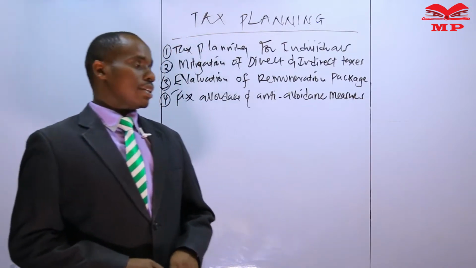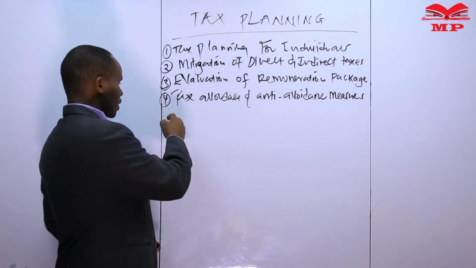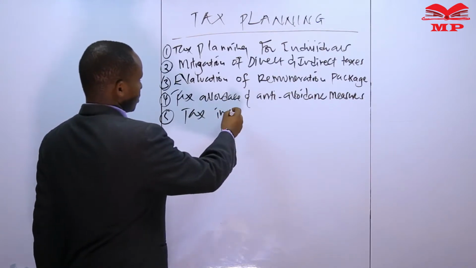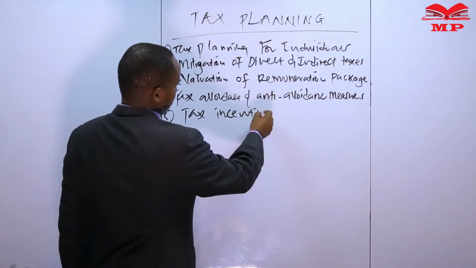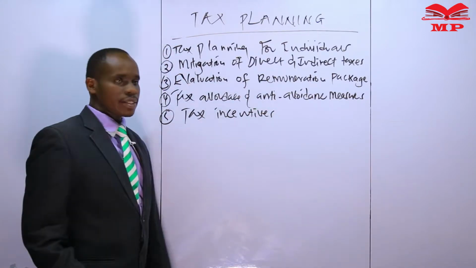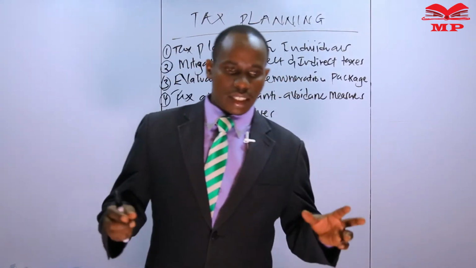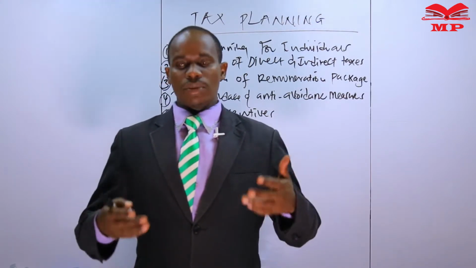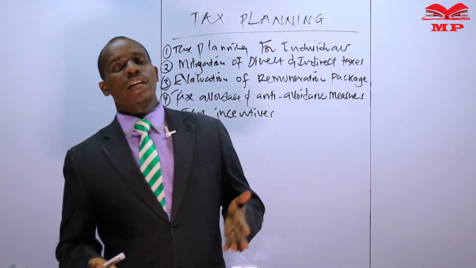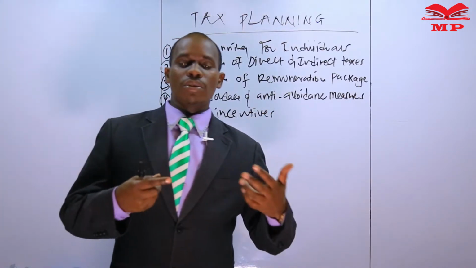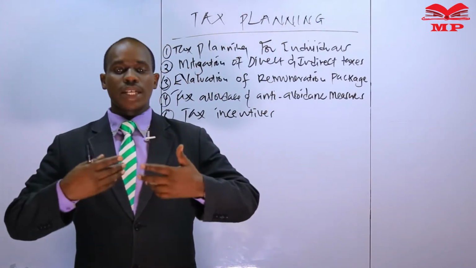The other area that we are going to check, number 5, is about tax incentives. In different revenue authorities, we have taxpayers who are existing, and we may also want to get new taxpayers.